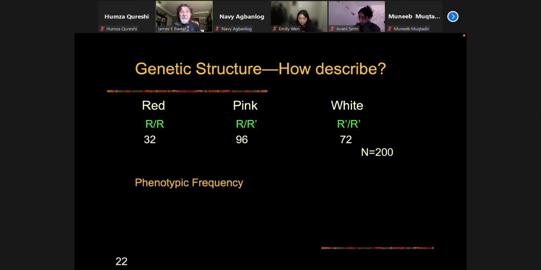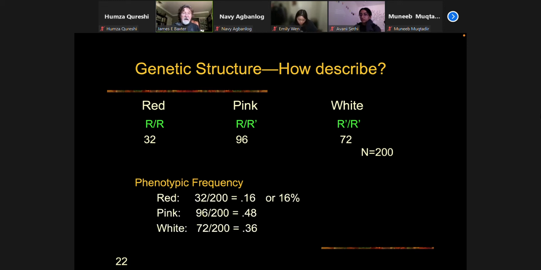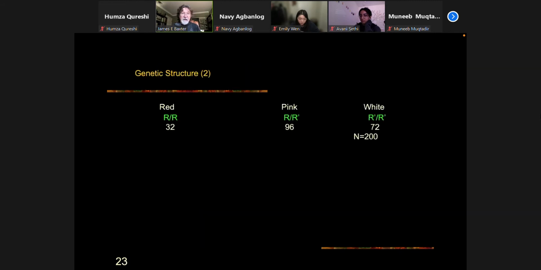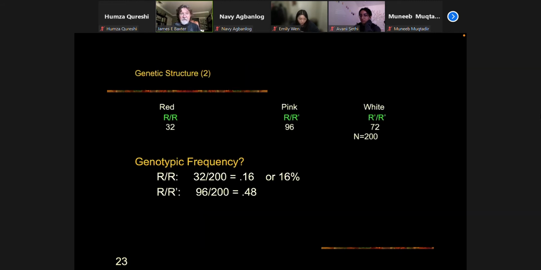To describe the genetic structure here, we can use the phenotypic frequency, which is simply the percent of the population that has a particular phenotype. And so we did those calculations. It's the number of individuals with one particular phenotype divided by the total sample size. A little bit more useful is the genotypic frequency.